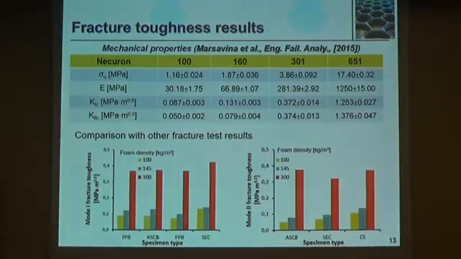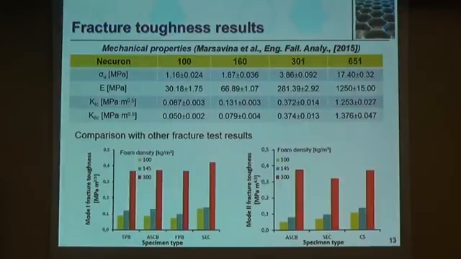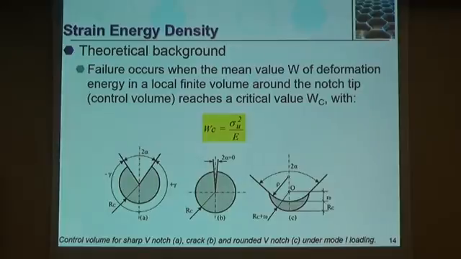I would like to say a little bit about numbers here. The K1C and K2C for the low density foam are below 0.1 megapascal square meter and reach 1, or are higher than 1 for the 651 Necron, which is a porous solid already. Having these results, we tried to apply the strain energy density criteria.